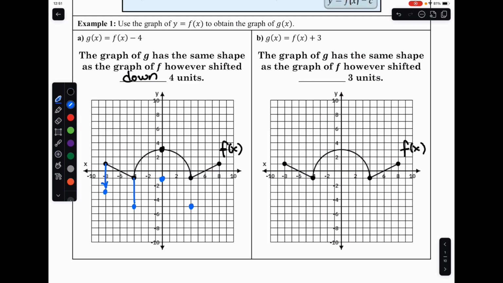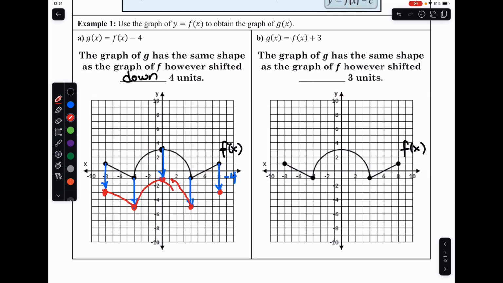So you see we're moving them all down 4. Okay, so minus 4 on all of them, and that's going to put them in those positions. And let me now put those dots in red and connect them again with the exact same shape.